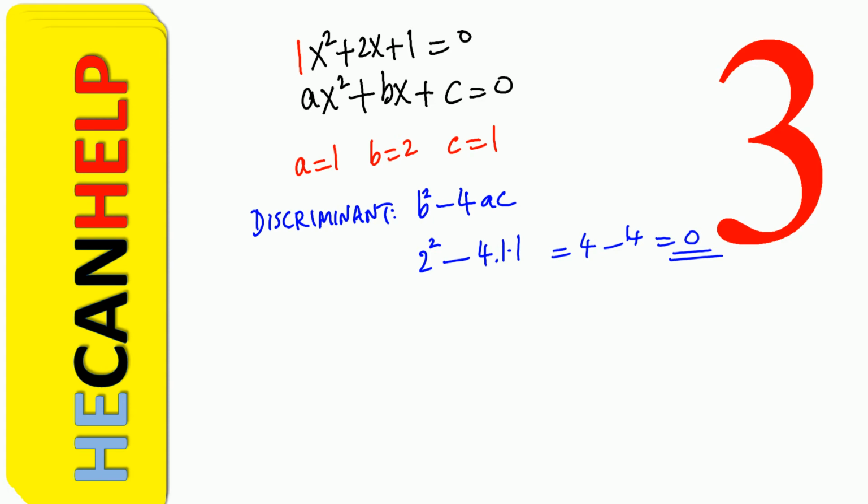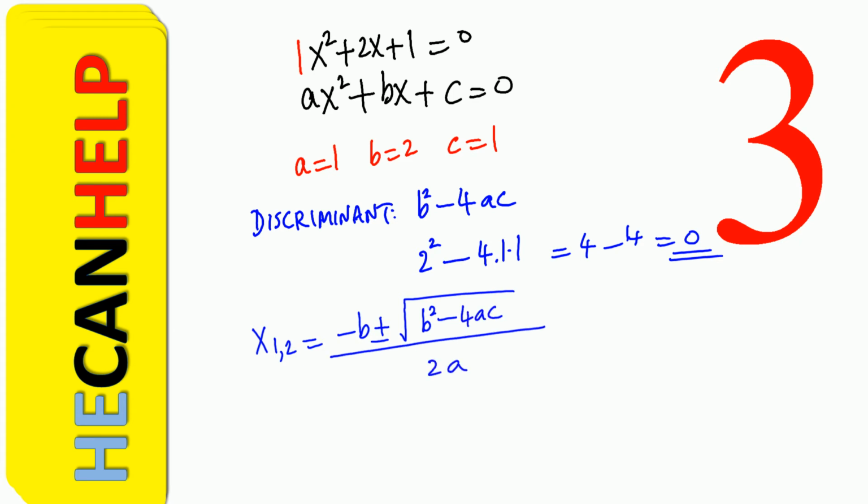If the discriminant is 0, what do we know? We have the solution repeating itself. So we only get one solution. So x1, 2 is negative b plus or minus square root of b squared minus 4ac, the whole thing divided by 2a. We already know what b squared minus 4ac is. It is 0.